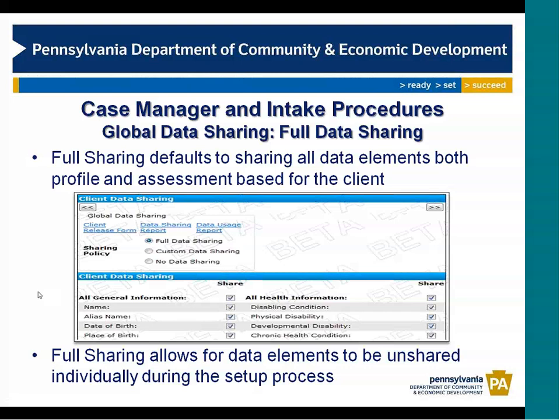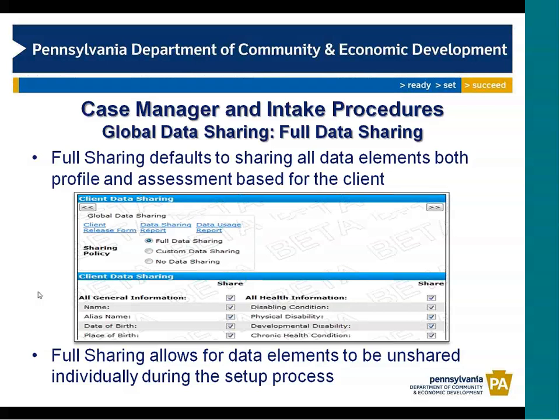Now, the system does allow for partially unsharing data elements, even though the full data sharing policy has been enacted. One of the reasons we do that, because you think, well, if they're sharing some and not sharing others, why don't they just select custom? Well, the main reason we allow that is maybe the client did select full sharing, but later down the road, the caseworker decided, well, I'm not sure it's in the client's best interest to share this specific data set.